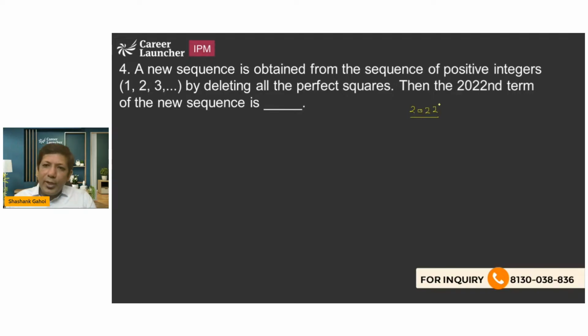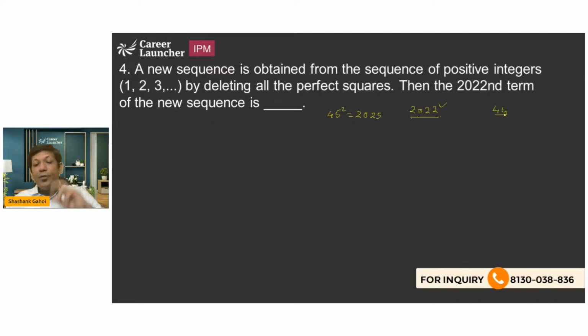So I am going till this. By 2022, how many perfect squares am I going to get? I know that 45 square is 2025, so up to 2022 we will get 44 perfect squares.